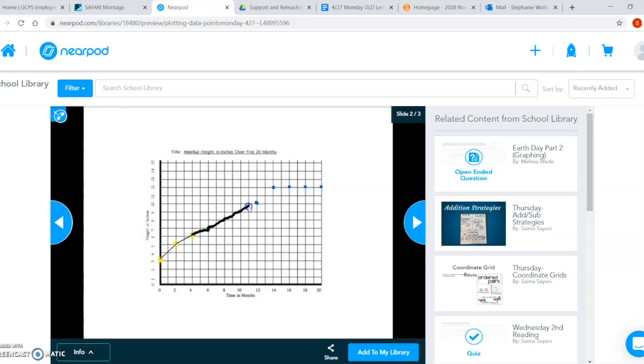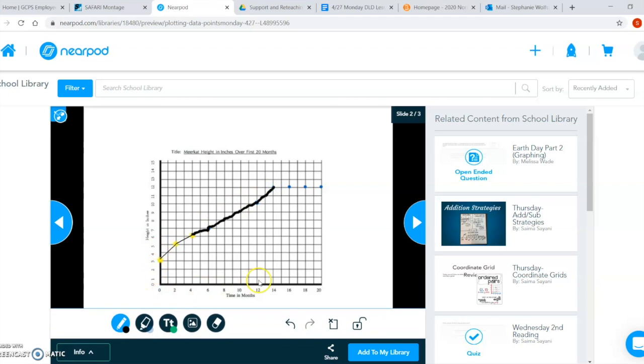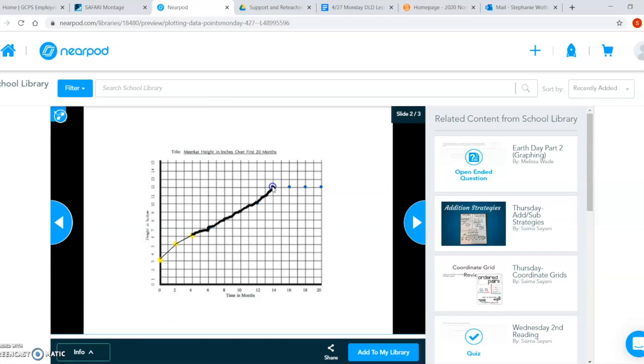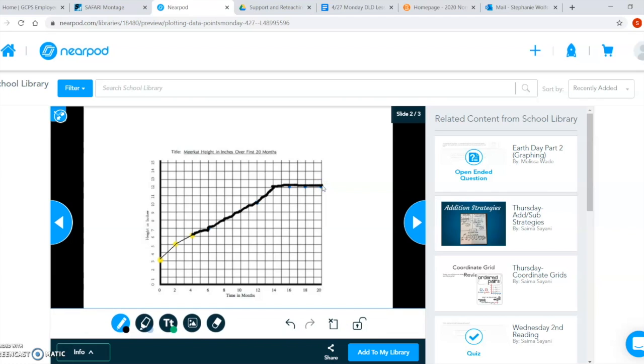If we connect our points, we're going to see a pattern. So far from 0 to 14 months old, that meerkat's height is going up each time. Every month, every new x value, the y is increasing. But then look what happens after 14 months old. That y is staying the same.